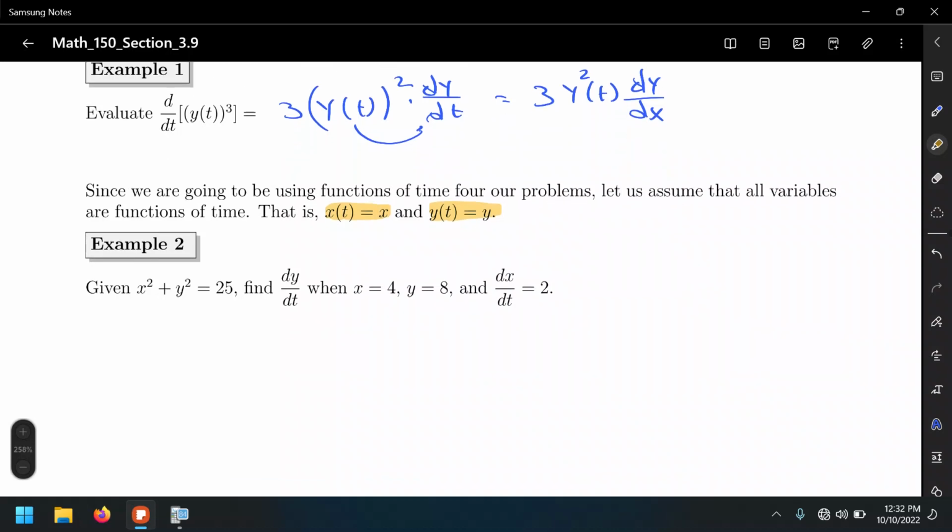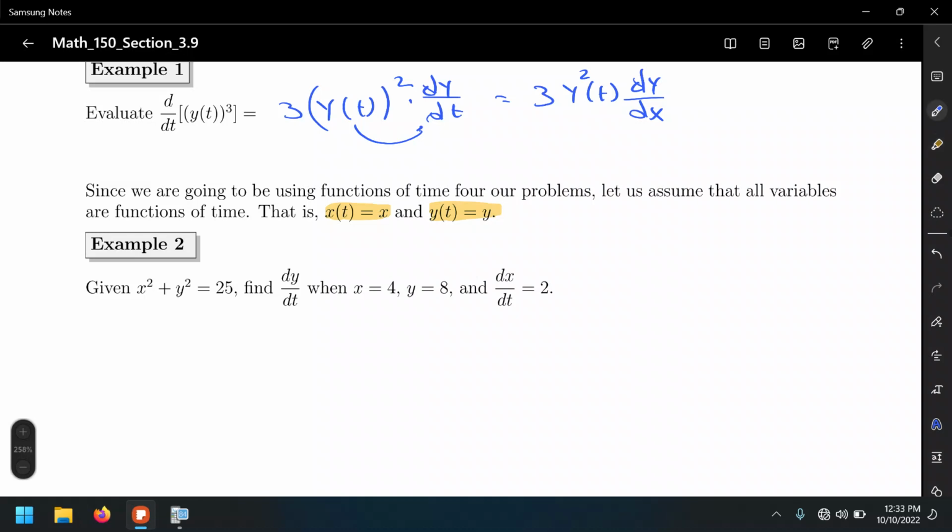So essentially, we have this equation, x squared plus y squared equals 25. Number one, what would be the graph of x squared plus y squared equals 25? What does that describe? It's a circle, more specifically, with a radius of 5, and what else? And its center at the origin.